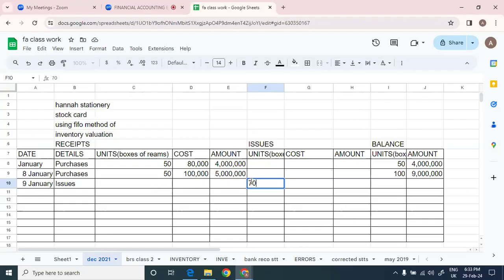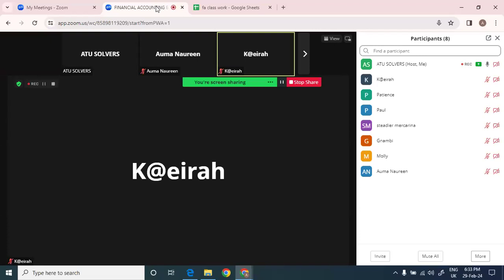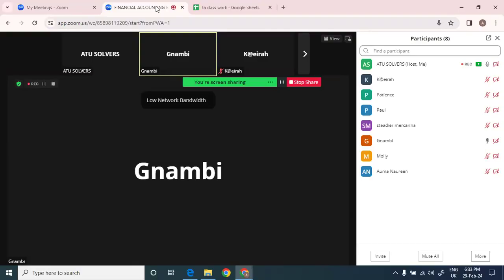But at how much price am I issuing this 70? Can we get someone pass on this? The first 50 is going to be at 80, then the other 20 will be at 100.